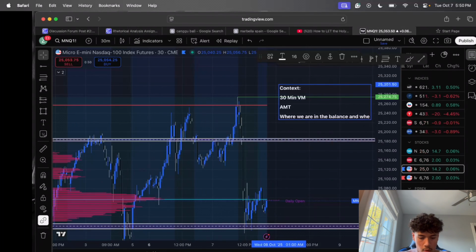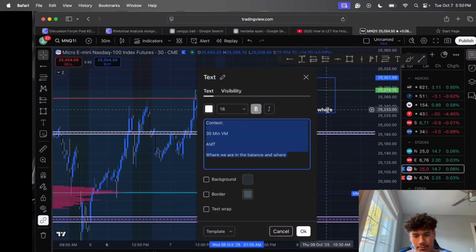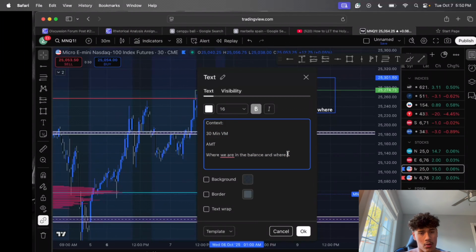and where we are in the balance, and are we breaking out of it or are we accepting into a new balance? Like, what are we doing?